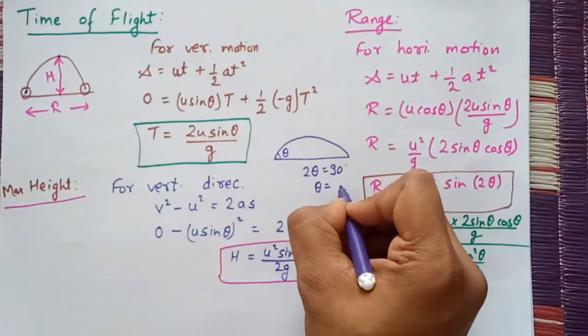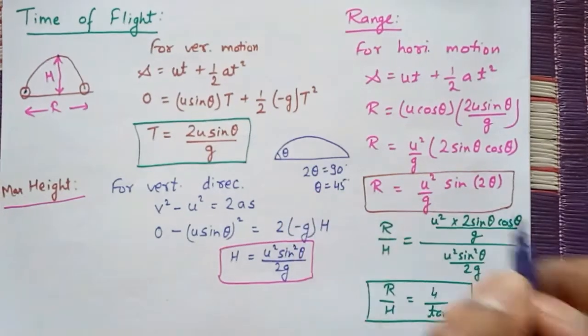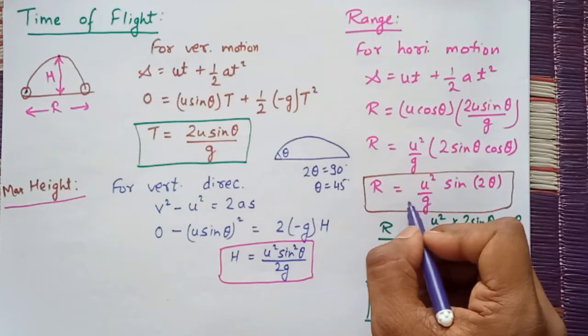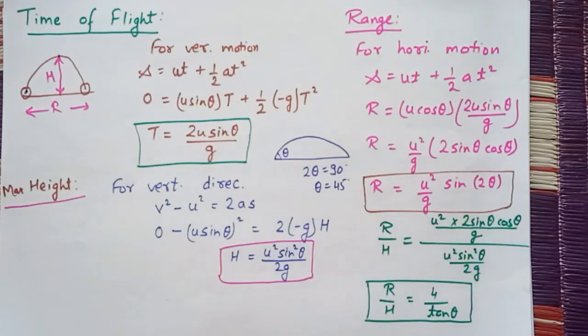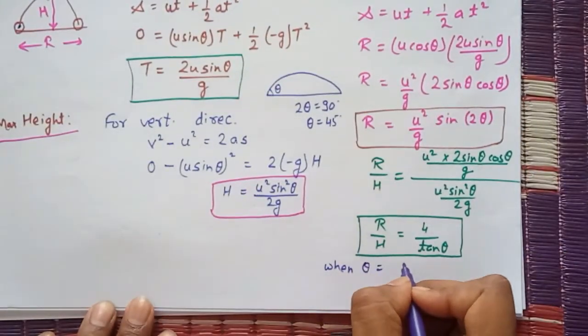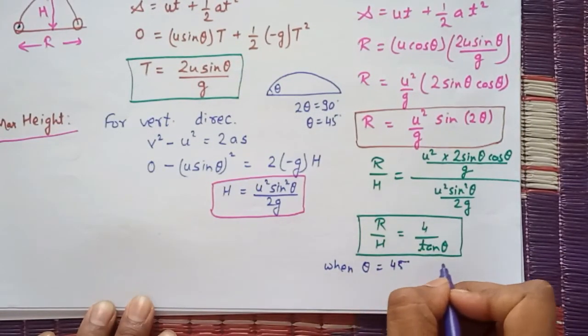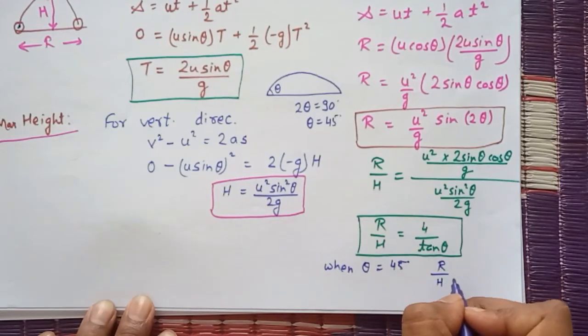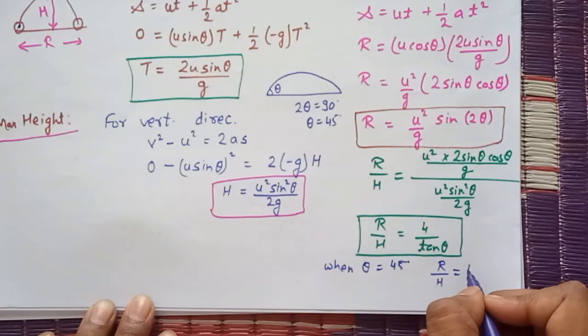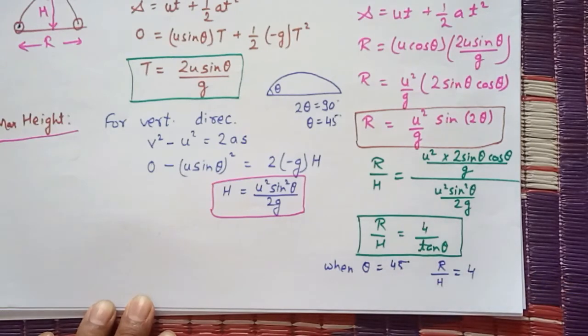Hence for theta is equals to 45 degree, this range will be maximum. Or I can say when theta is equals to 45 degree, then what will be R by H? Tan 45 is 1, so R by H will be equal to 4 only.